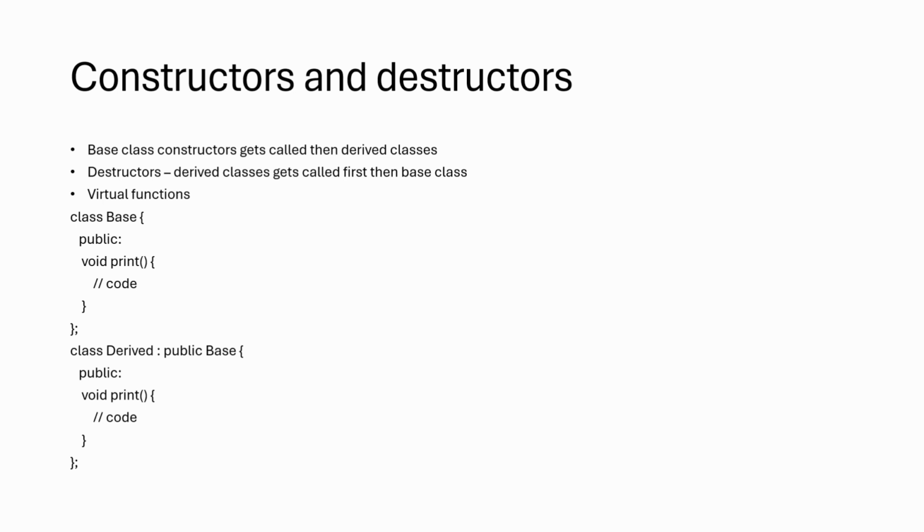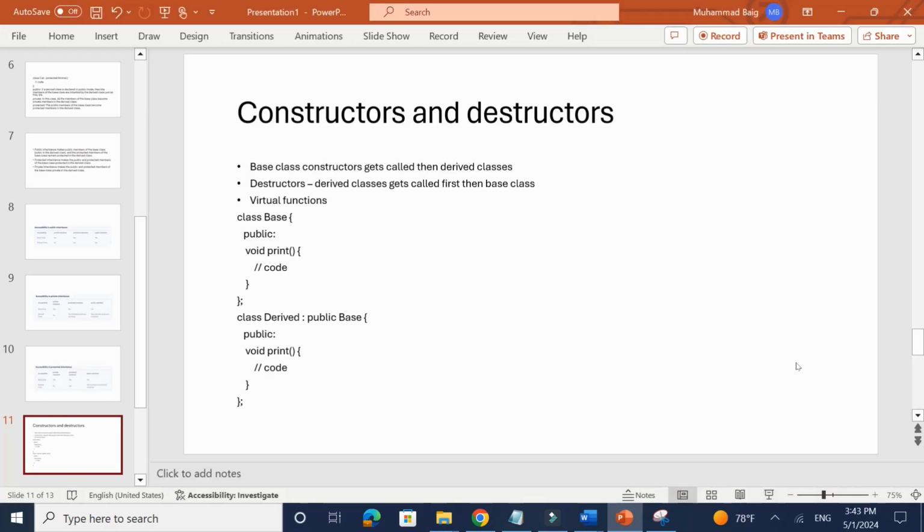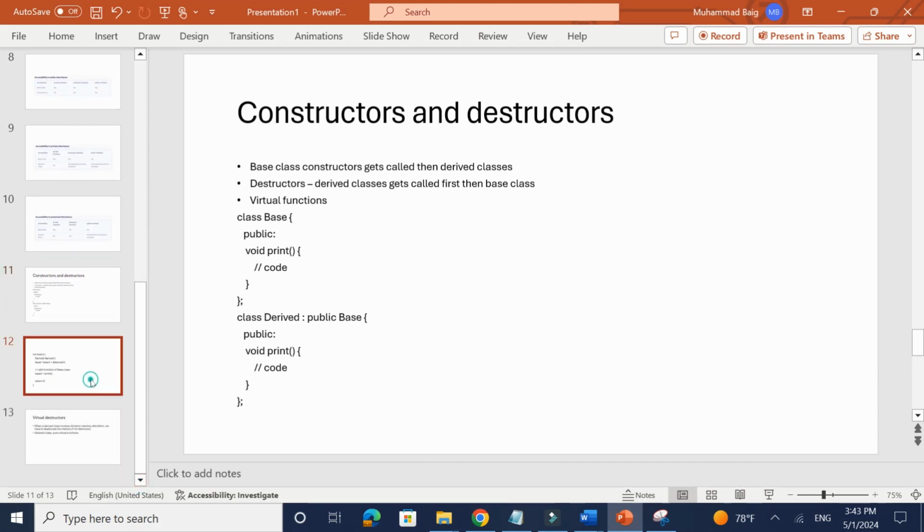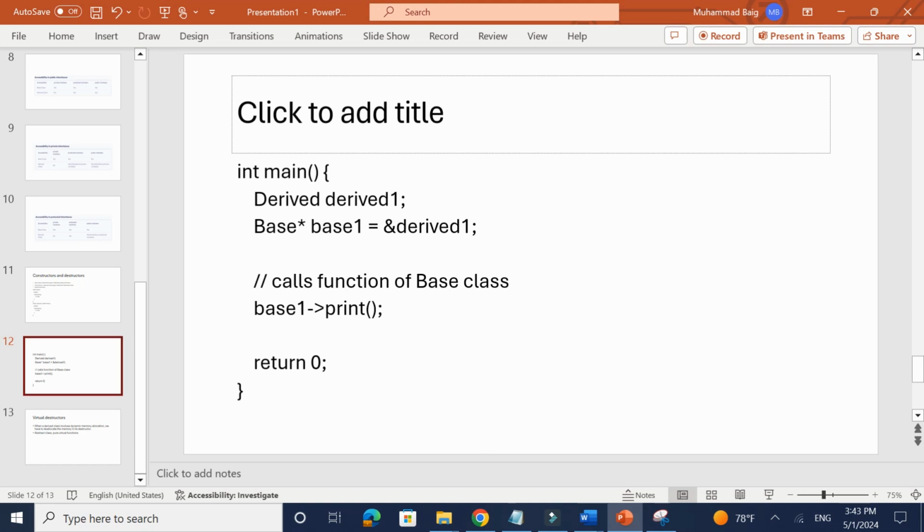Virtual functions. Continuing on. What is a virtual function? Do you need the keyword virtual in there? Now look at this example. I've got a base class, I've got a derived class. And both of them have the function print in there. Now watch what happens.